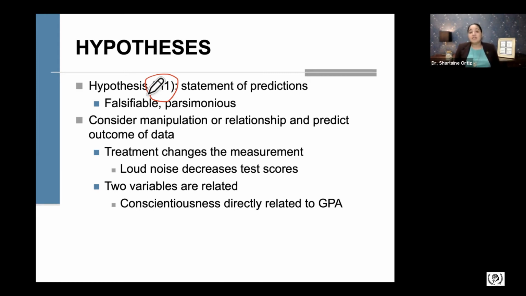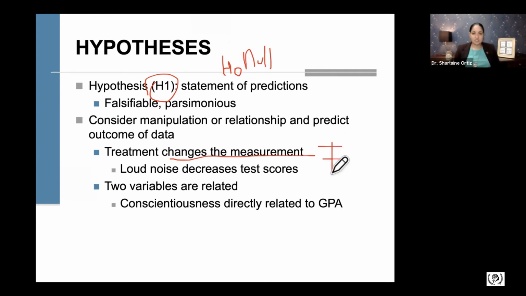However, we also have the null hypothesis, and that's generally expressed by an H with a subscript 0. So basically, this hypothesis says there is no change. There is nothing that is going to happen to that measurement. There is absolutely no change, and it's going to remain the same.